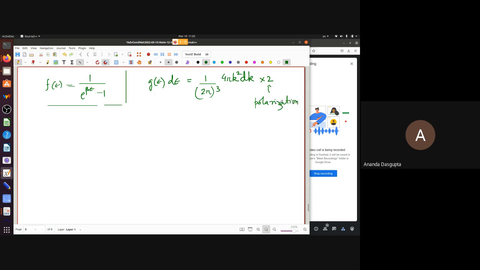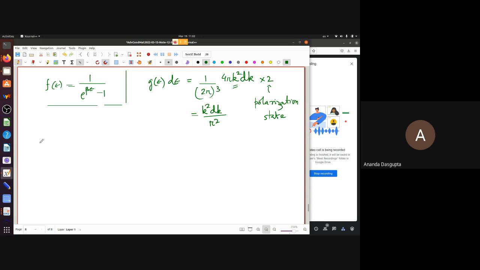That is, the state is not given only by the wave number. You also have to specify the polarization state. So the wave number is taken care of by the k, but you have to have 2 possible polarization states for the same k. That's where the 2 comes from. Or, in other words, this simply becomes k square dk by pi square.